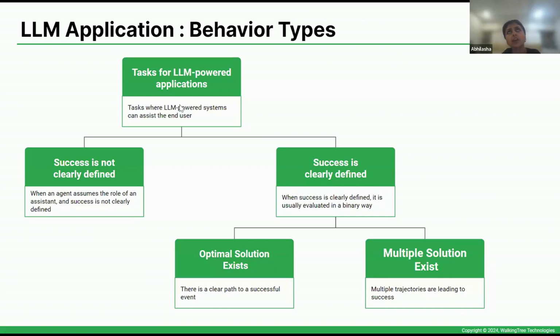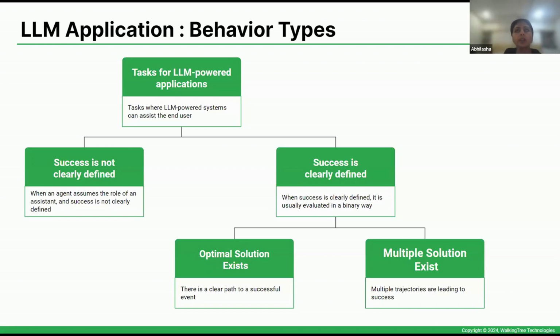But I would say a clear definition of a problem statement could be if you're using an LLM to generate code or generate some kind of content summary. So you have some parameters to assess and measure the data which is getting generated. Again, the success can be more clearly defined in those scenarios. And again, there are two categories.